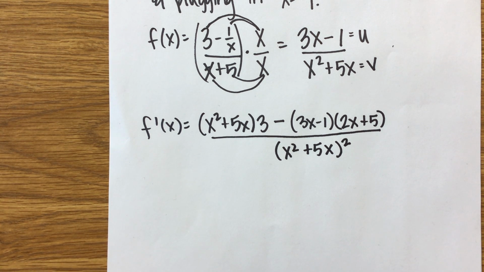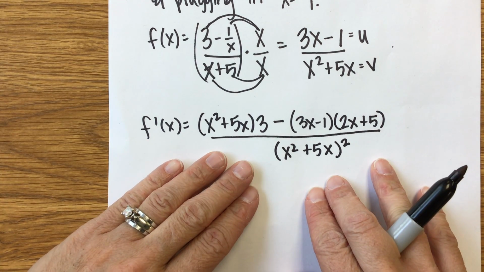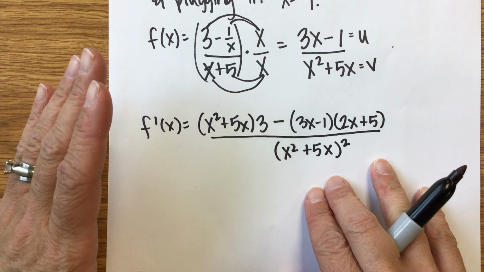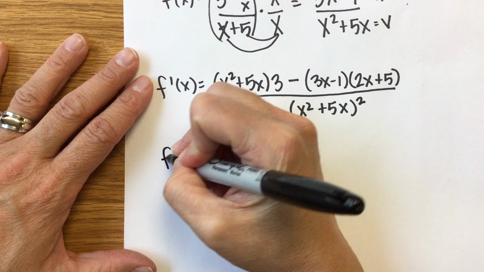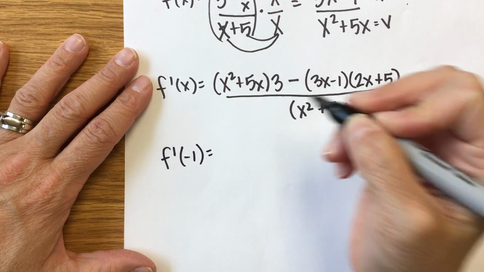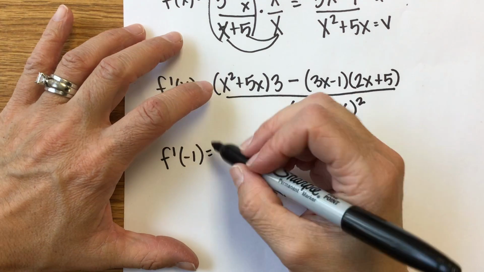Because I'm doing equation of a tangent line, I need a slope. I could spend some time simplifying this and then plug in -1, or I can just plug in -1 right now. I'm not going to spend any time simplifying because I don't need to end up showing a derivative. I just need a slope. So I'm just going to plug in -1.